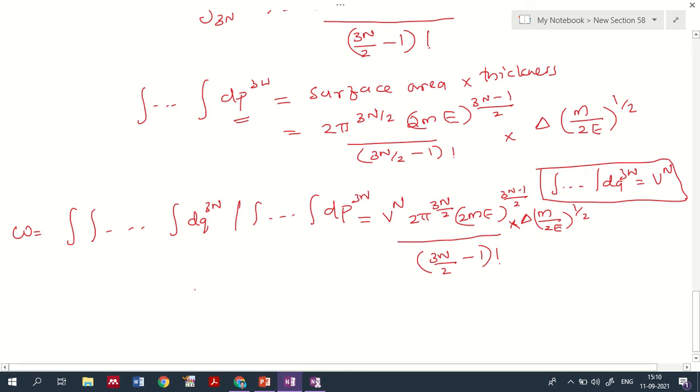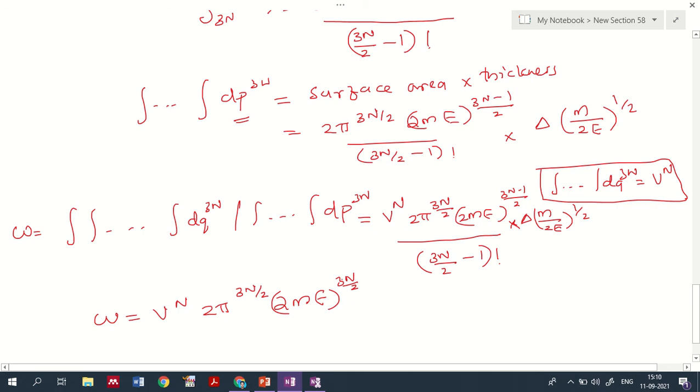And now omega will be equal to v raised to n, v raised to n, 2 pi 3n by 2, 2me raised to 3n by 2.